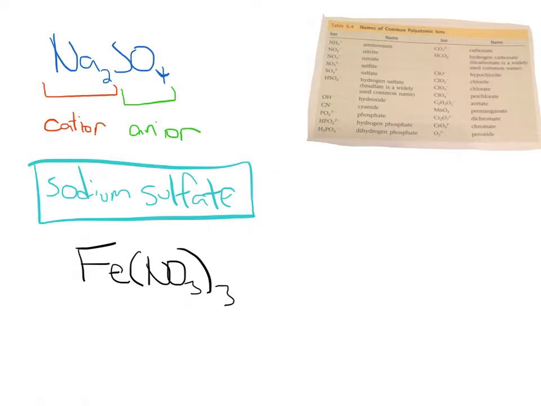Now, here's where it gets a little tricky. When you have a polyatomic ion, it has a set formula. So NO3 is nitrate, and it's always NO3. We put parentheses around the NO3, and then outside the parentheses we put how many, depending on the charge of the cation, how many of the NO3s we need.